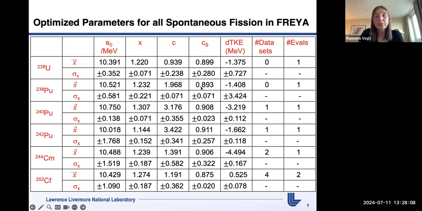CS is around 0.9, and DTKE can vary a lot, and the neutron multiplicity parameter here can vary between a little around 1 to 2 or 3, which was surprising.